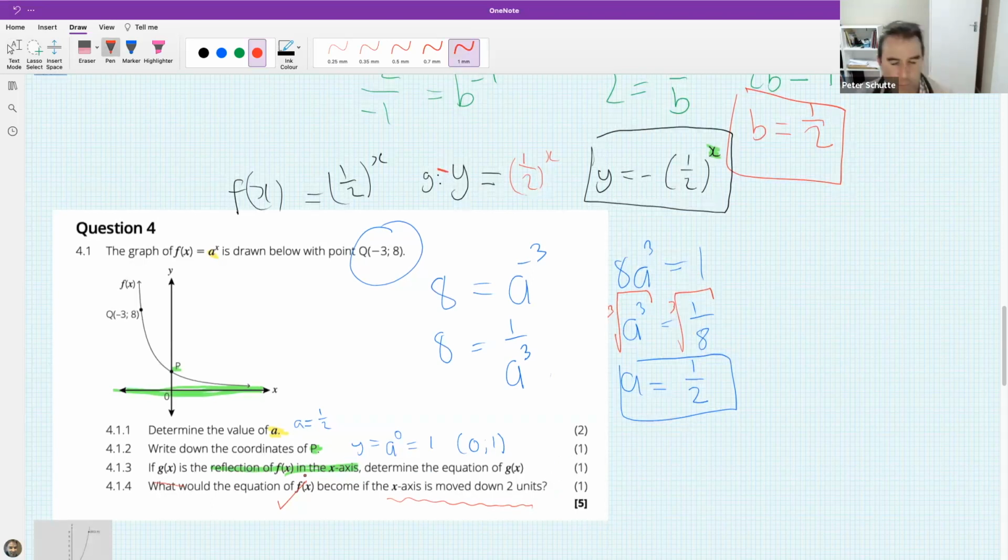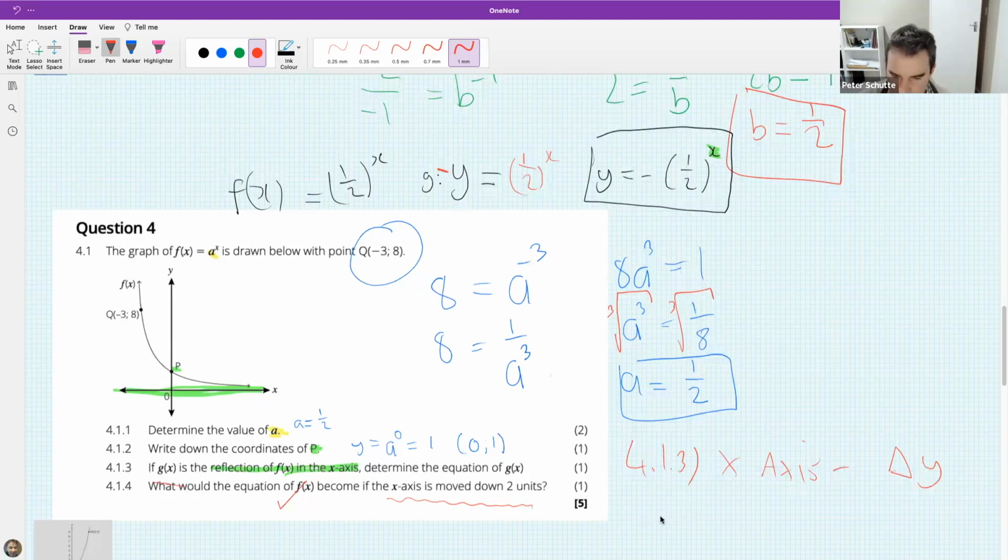I'll re-explain 4.1.3. If g of x is a reflection of f of x in the x-axis, all I need to do is change the sign in front of my y, or change the sign in front of my other variable.